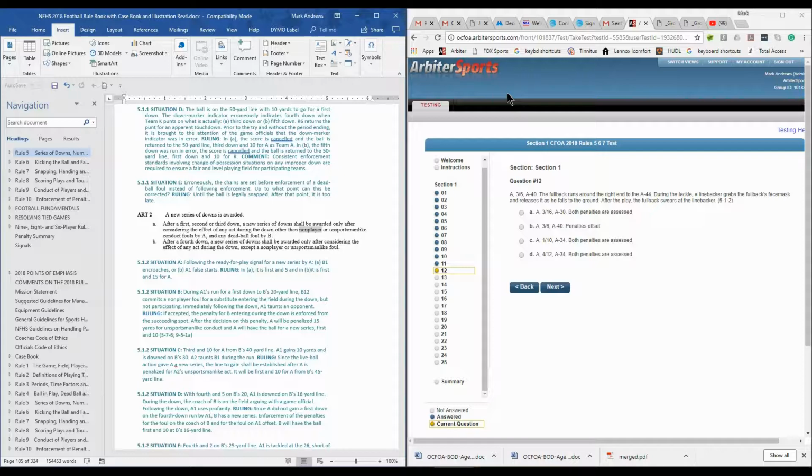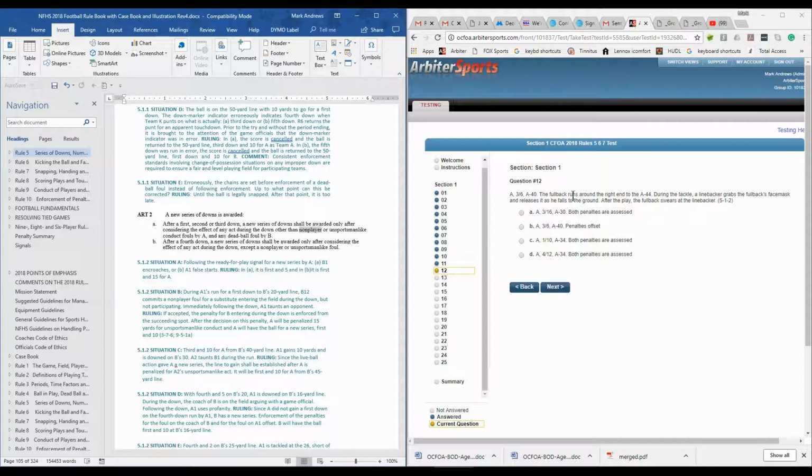After the play, the fullback swears at the linebacker. That is unsportsmanlike conduct, and it is a dead ball foul. So we are going to administer both these fouls, and we're going to administer them in the order they occurred. So the live ball foul for the face mask would take us from the A44 to the A49, which is beyond the line to gain.